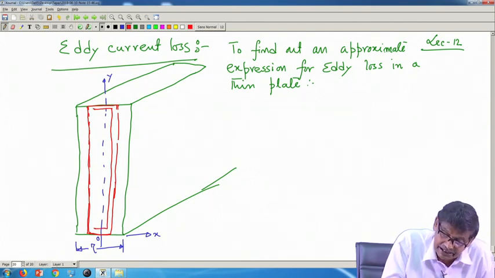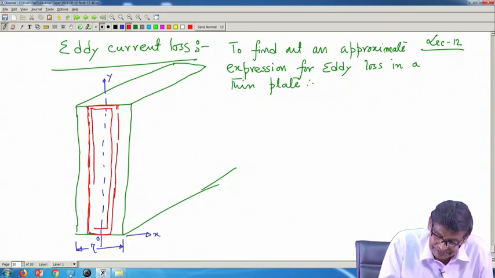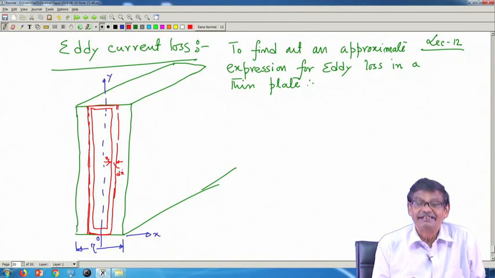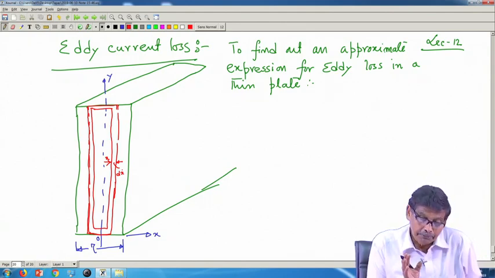See, within that thin plate, I have considered at a distance x, this distance is x, and elementary thickness dx. Why that dx is necessary will be clear.